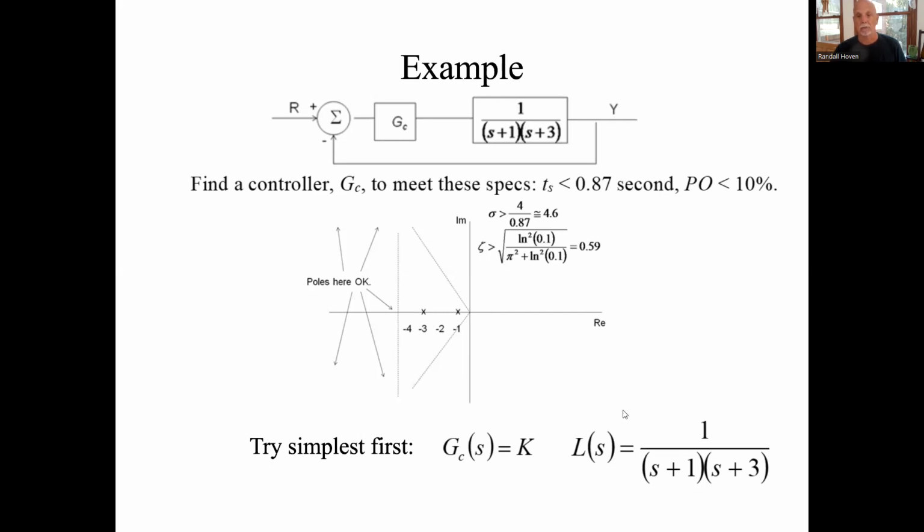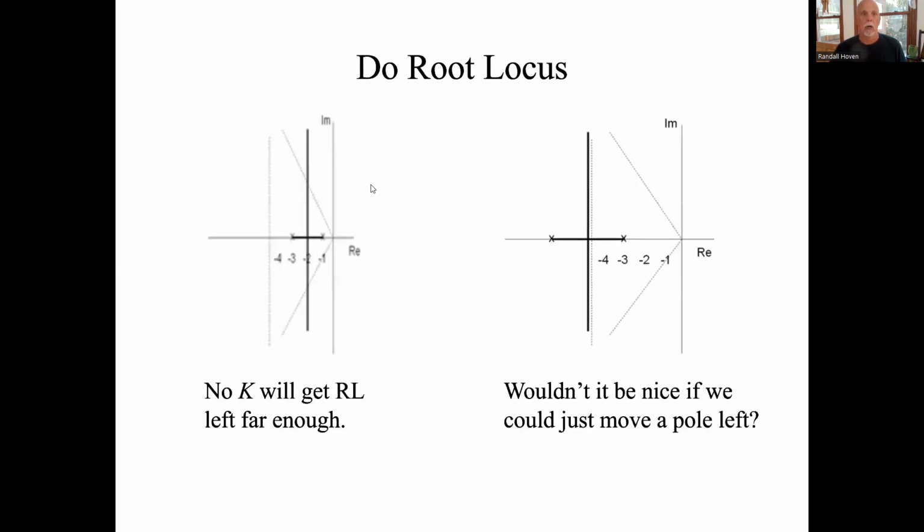Constant K in here. So our root locus will be this plant. Our L of S will just be this plant, and the root locus K will be G sub C. Well, the poles are at -1 and -3.